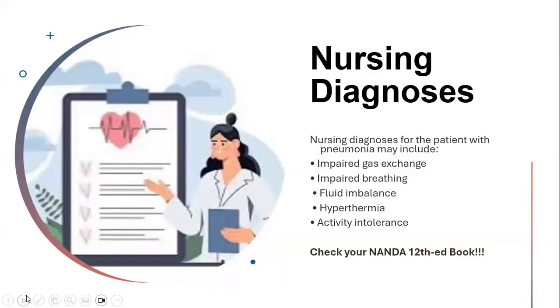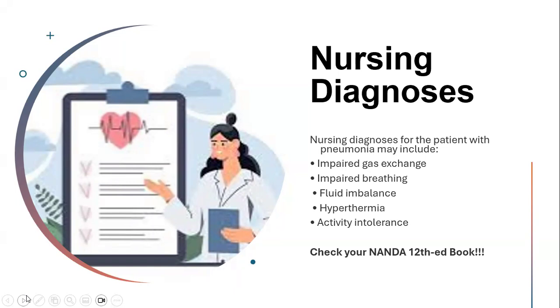Next, after you gather all the data, you need to identify which data belongs to which problems, so you can arrive at your nursing diagnosis. These are the possible nursing diagnoses that may come with patients with pneumonia. There are five priorities. The first one is impaired gas exchange, then impaired breathing, fluid imbalance, hyperthermia, and activity intolerance.